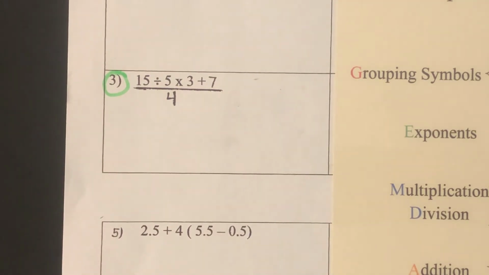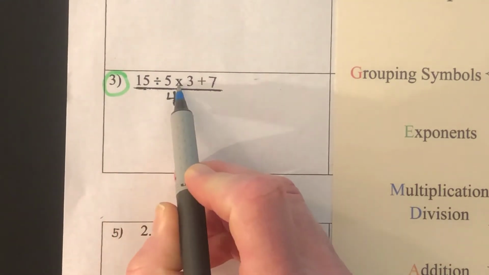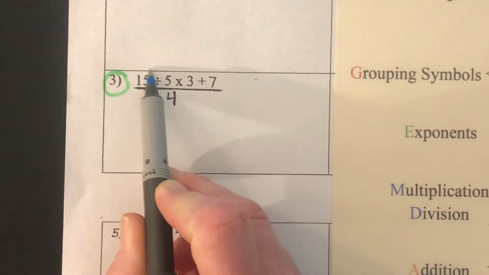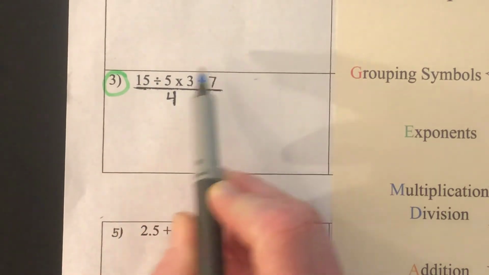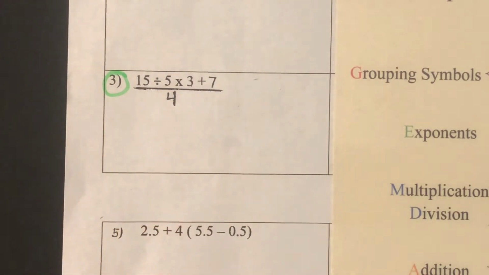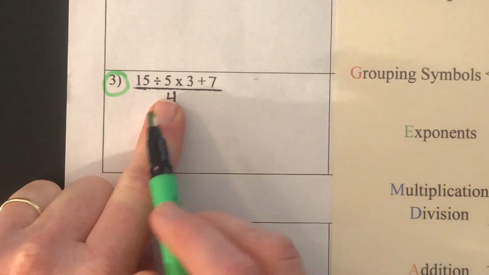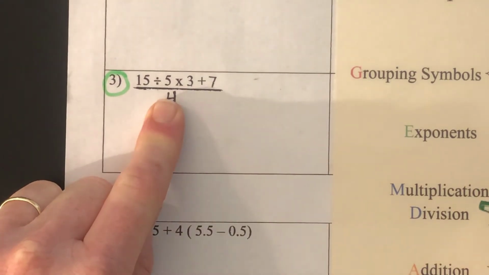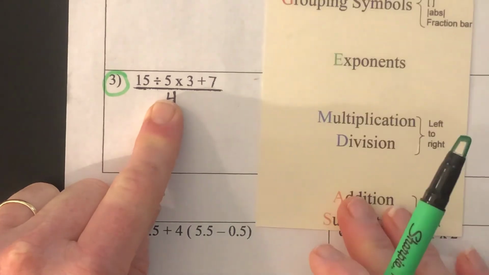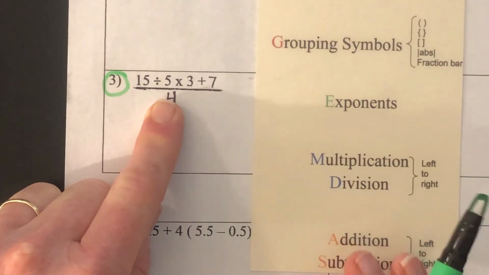Let's do the first one. 15 divided by 5 times 3 plus 7. So in this grouping, I have division, multiplication, and addition. So multiplication and division go in order left to right.